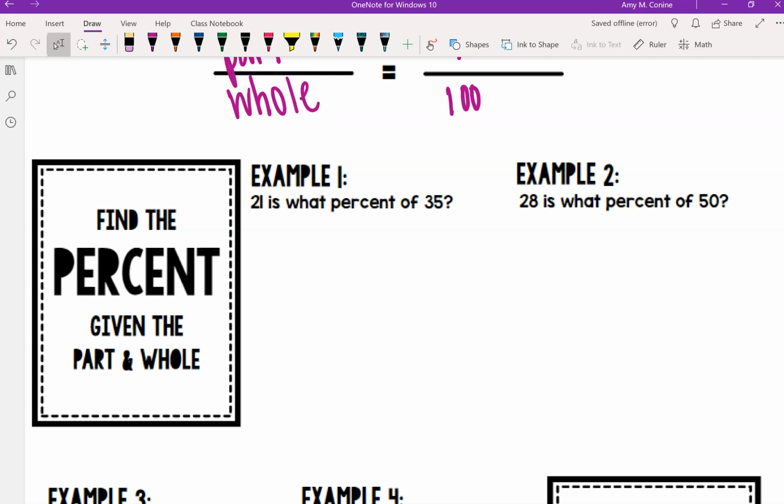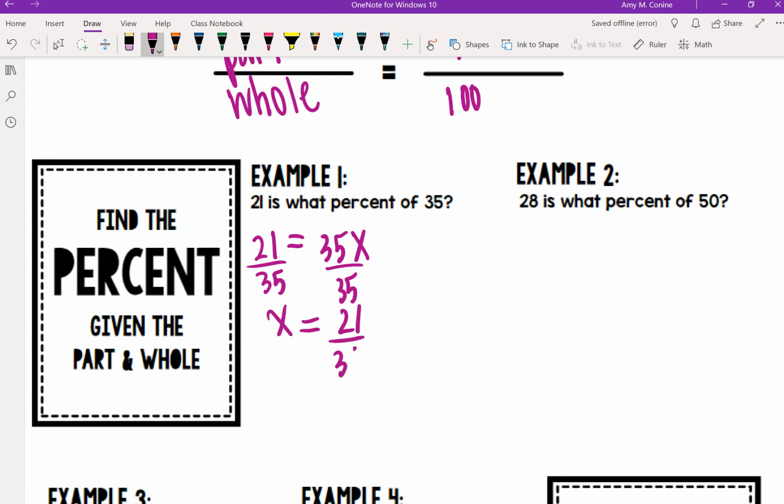So the first example that we have, 21 is what percent of 35. I always like to set up an equation. So 21 equals 35 times some unknown decimal that is a percent. Then when you divide, because you're using solving equations properties, all those steps and procedures, you have 21 over 35, which should equal 0.6, okay?